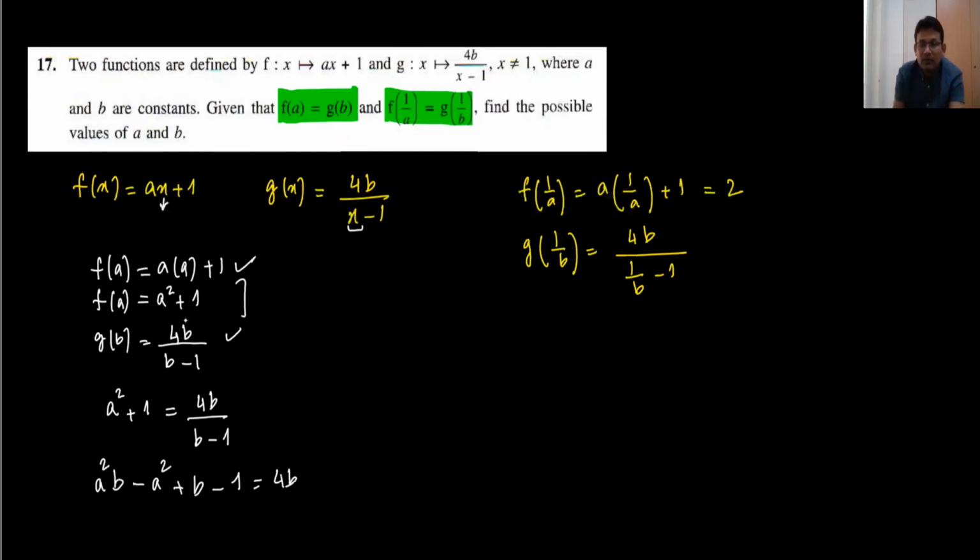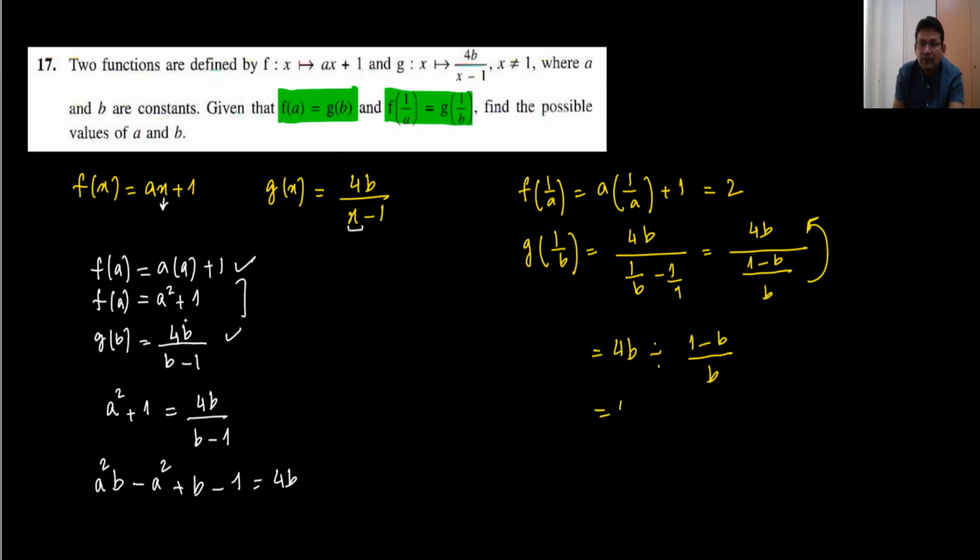And if you want to simplify some part of this, you can write 1 here, LCM is b, and this will be 1 minus b. When you move up, multiply with this 4b, this will become reciprocal, like b upon 1 minus b. Or even you can write it divided by the same, 1 minus b upon b.